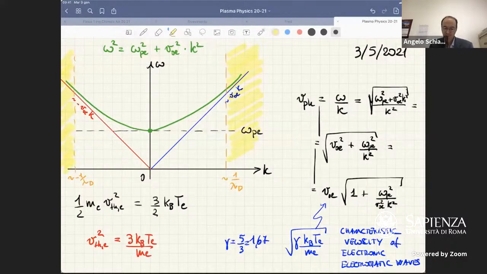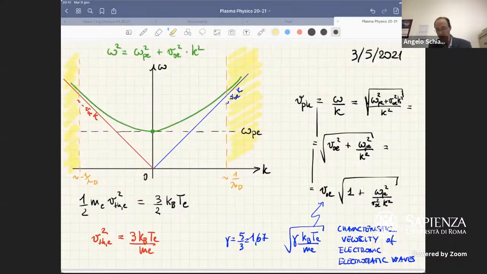What is happening there is something that we are not going to describe in our course, but we see here that the waves are no longer traveling, they are damped, and the phenomenon is called Landau damping, which occurs for the wavelength of the wave less than or equal to the Debye length in the plasma.